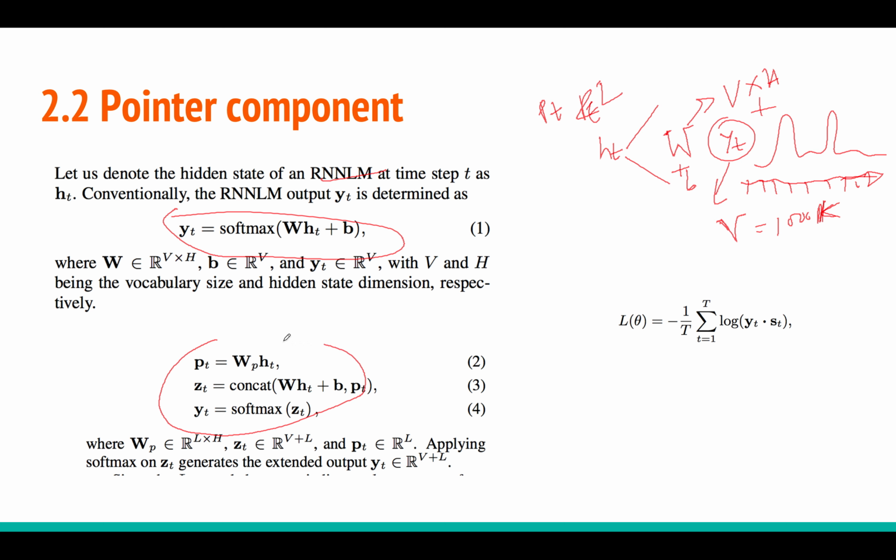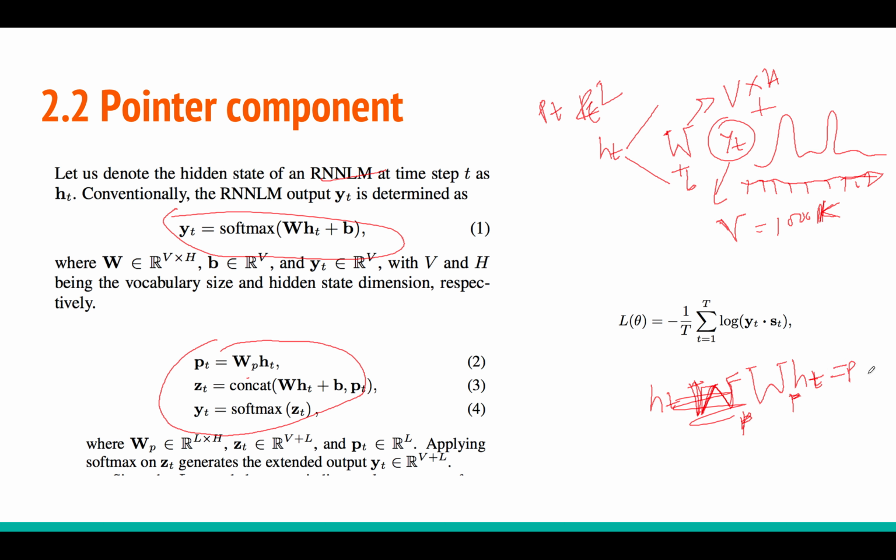Here we are not only projecting this HT to YT, but we also add this component. I take the same HT and put it through another affine transformation, with a matrix WP, and I multiply that matrix by this vector.